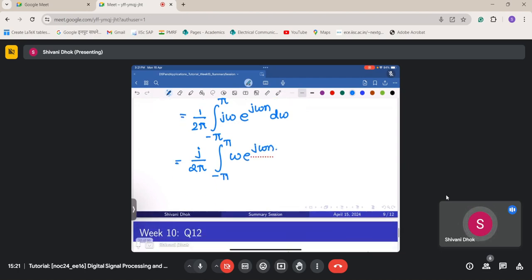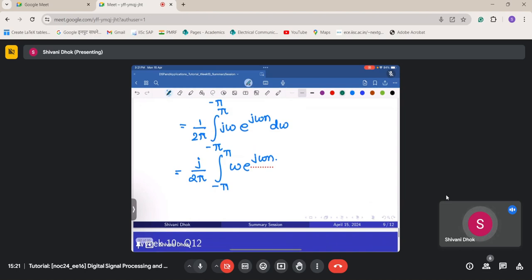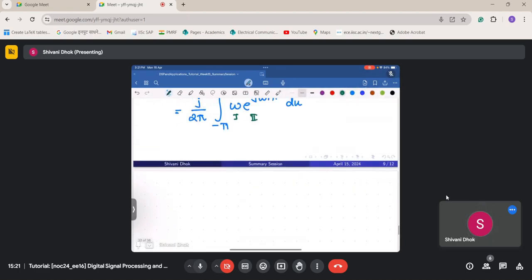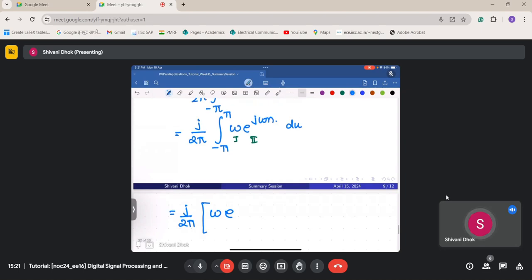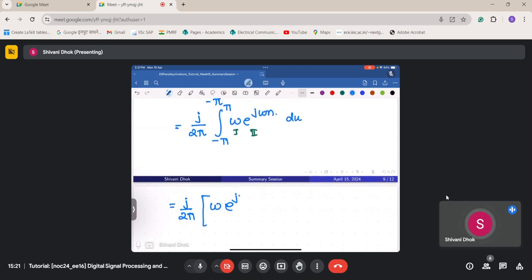So now we can solve this integral as we have this as a product of two functions. Let's say this is the first function, this is the second function. Then I can apply the ILATE rule. So I'll have this equal to j upon 2 pi, first function as it is, into the integral of the second function, that is e power j omega n.